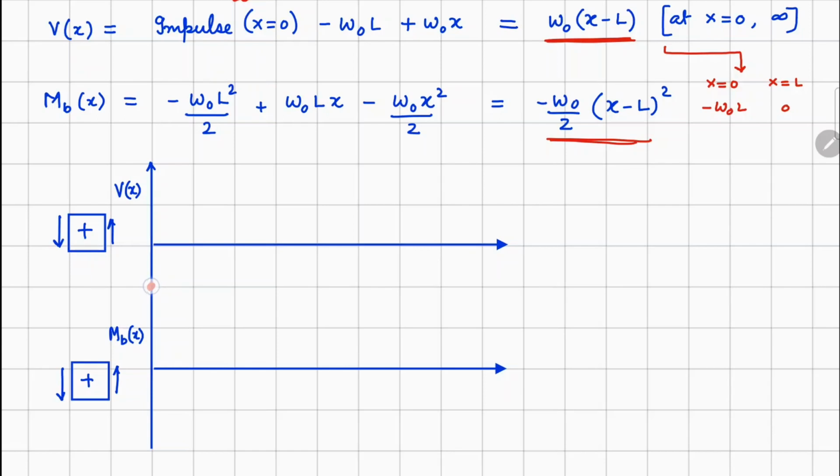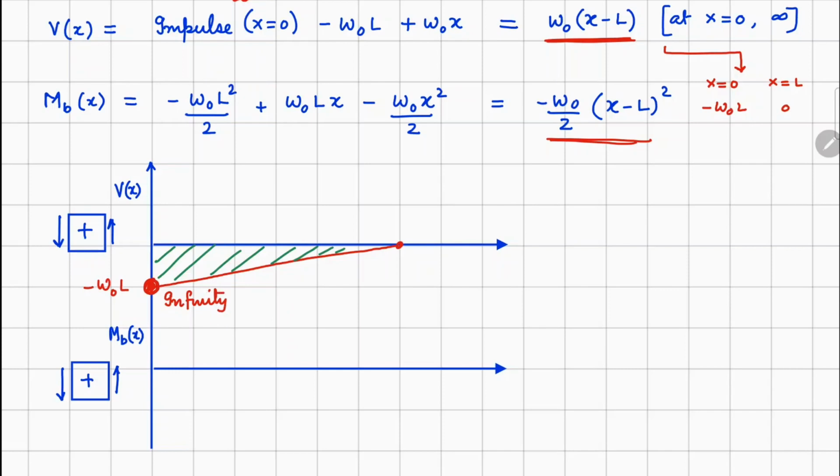So there is this negative value minus W naught L at x equals 0 and 0 value at x equals L. I can combine this by a straight line. So this is how your shear force looks for this beam. And remember, this point right here is a point where your shear force is going to be infinity.